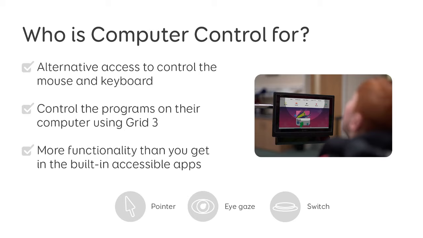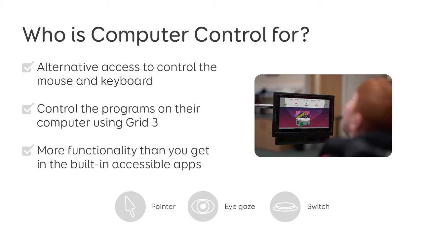So it's providing really a series of on-screen keyboards that are completely dynamic and can be adapted to the needs of the user. So it's providing control of third-party applications, and by that I might mean something like Microsoft Word or a web browser, and giving full access to those programs with those alternative access methods.